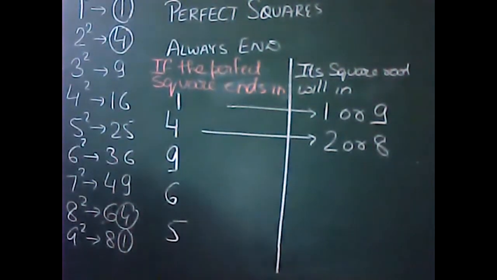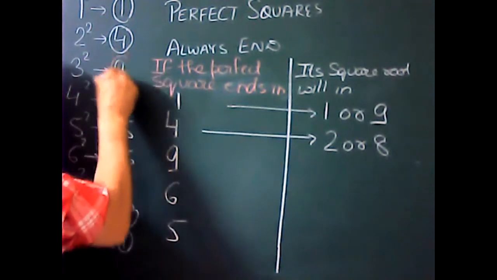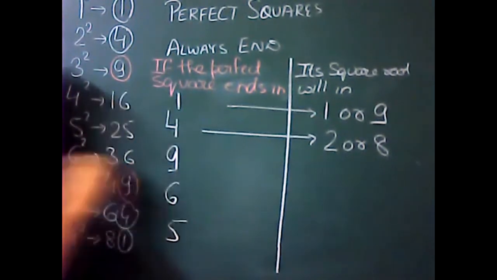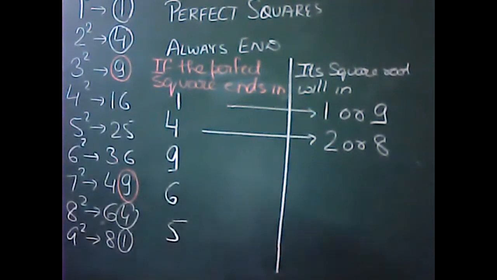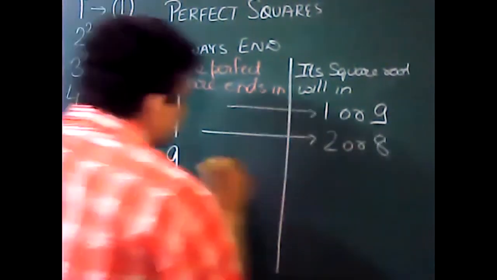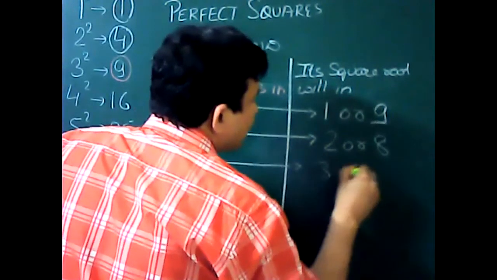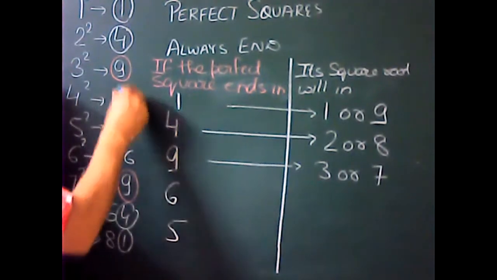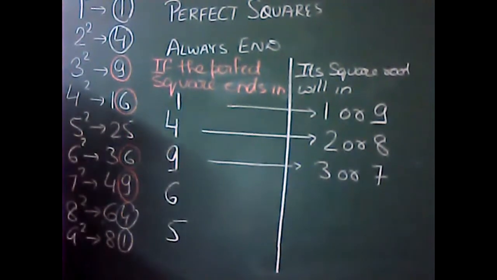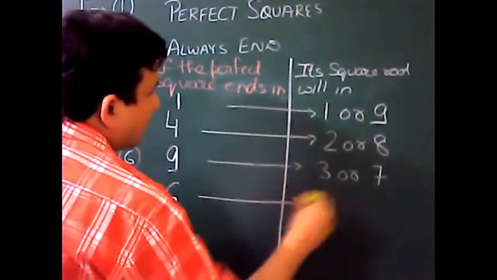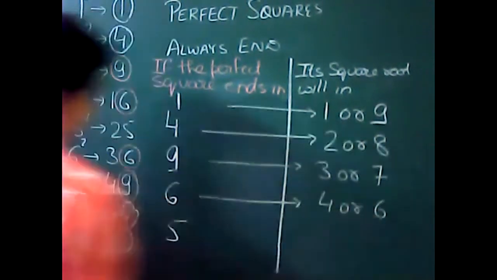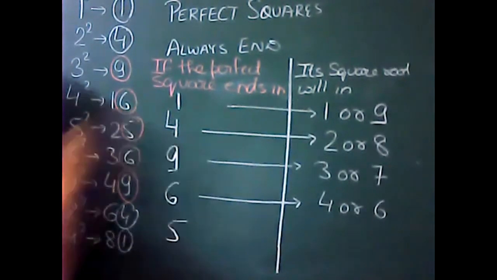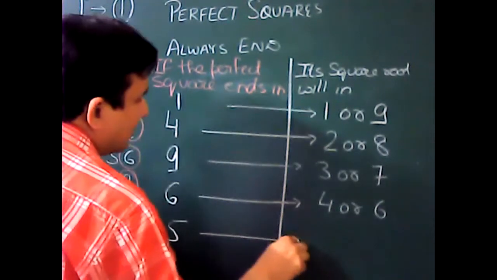If the perfect square ends in 9, its square root will end in 3 or 7. If the perfect square ends in 6, its square root will end in 4 or 6. And if the perfect square ends in 5, its square root is going to end in 5.